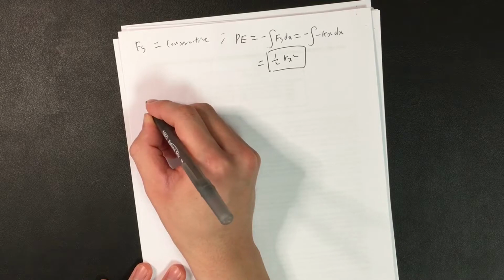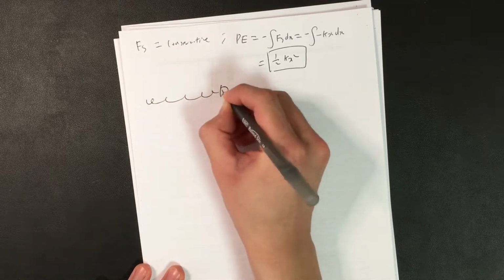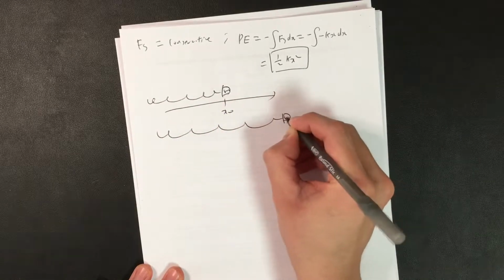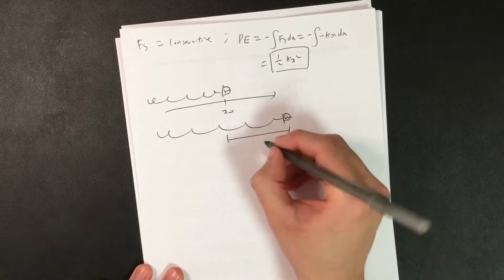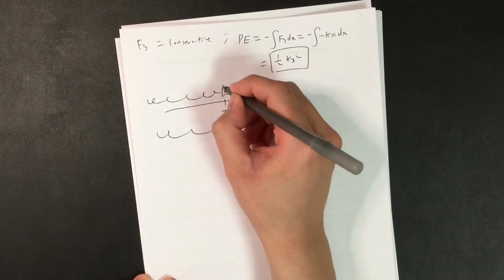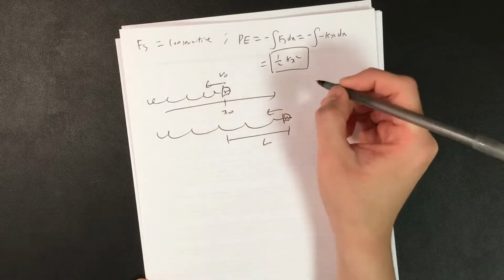So for example, let's say there is a spring at the equilibrium position, and the spring has been extended to length L and has been released. And when it reaches the equilibrium position, it is moving at speed v0.